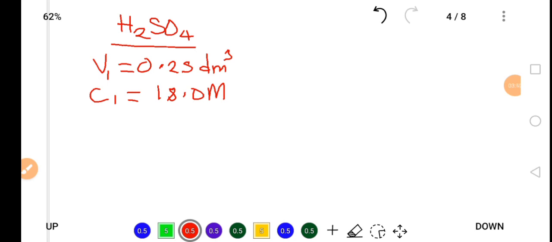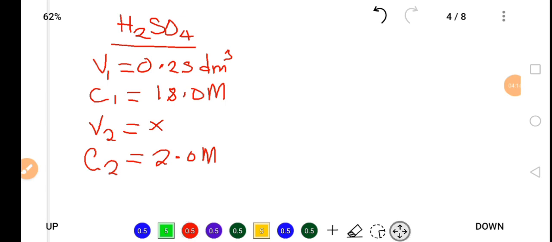Concentration 2 of volume 2 is what we are looking for. We have X. And then the concentration, when we add this volume, they have given us that it will be 2 molar. What will be the volume?